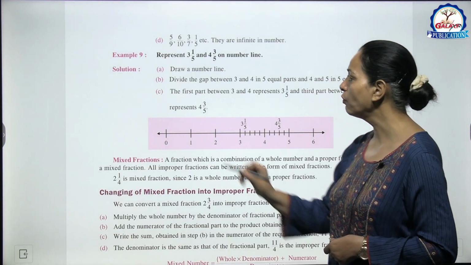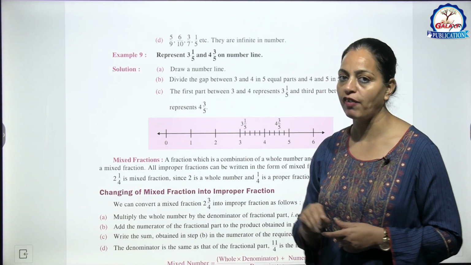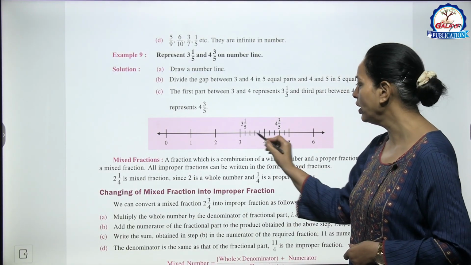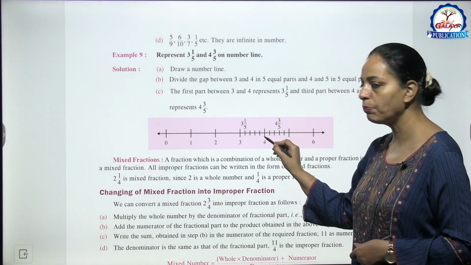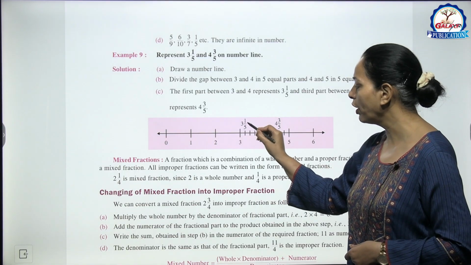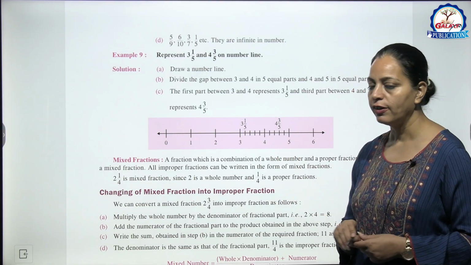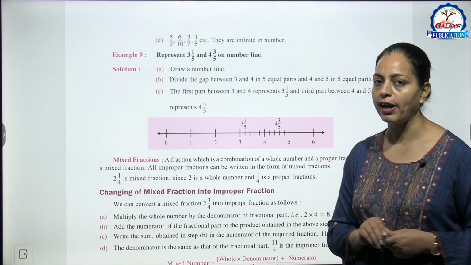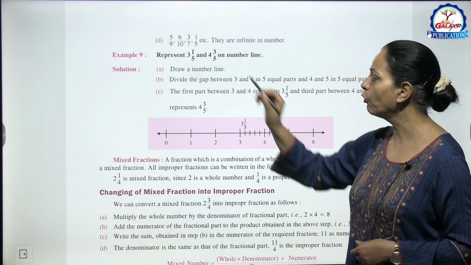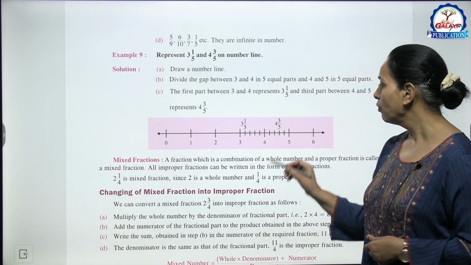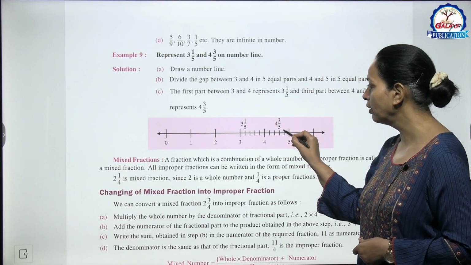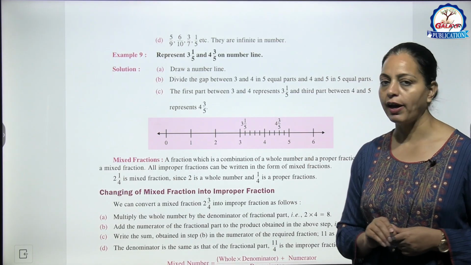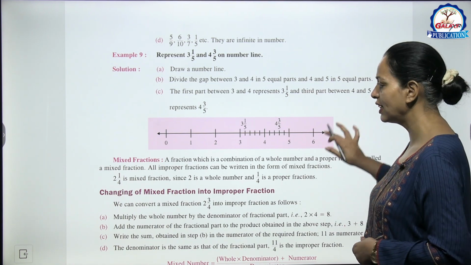Okay, now the first part, 3 whole 1 by 5, it is lying between 3 and 4. We have taken 5 equal parts. So 3 whole 1 by 5, the first one, this is showing 3 whole 1 by 5. Now the second number, 4 whole 3 by 5, between 4 and 5, the third one, 4 whole 3 by 5. Okay, I hope this is clear to you.